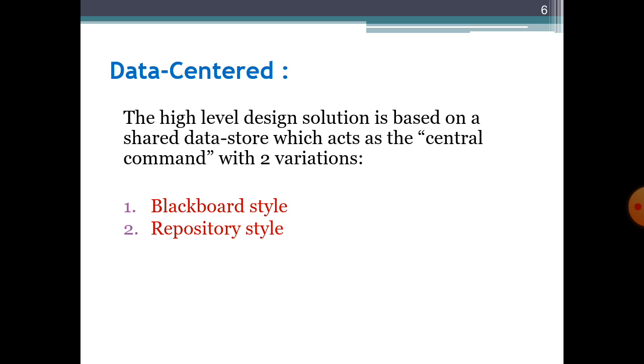For this shared software architecture or data centered software architecture, we have basically two broad categories. First one is blackboard style, which we also call black box, and the second one is repository style. Students, in this lecture number 22, repository style of shared data software architecture will be discussed in detail, and the blackboard or black box style will be discussed in lecture number 23.